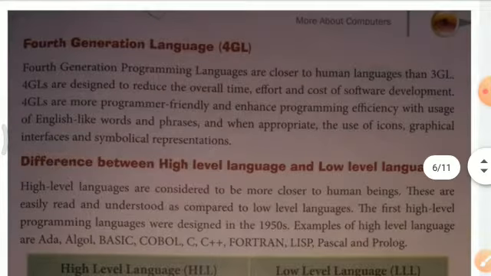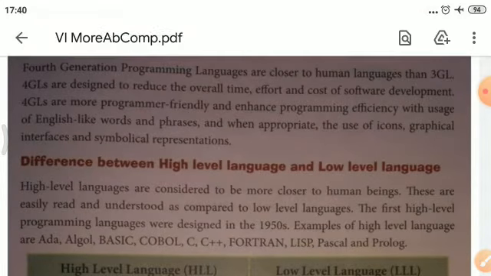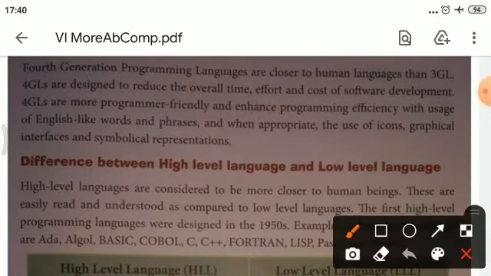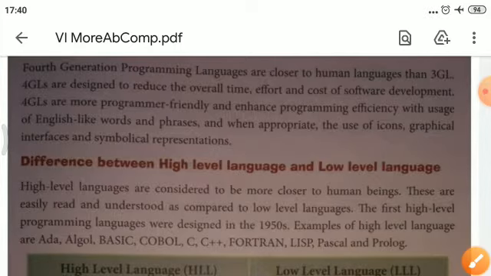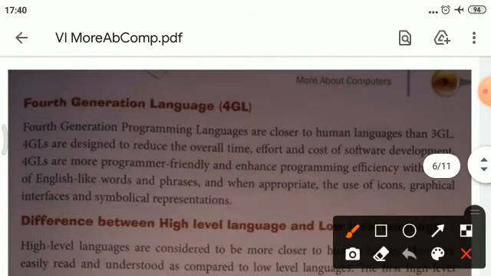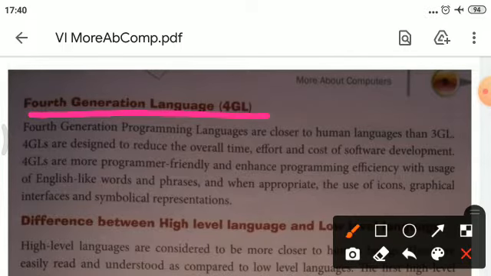And here, fourth generation language. Students, 4GL or fourth generation language. Here students, you should keep in mind one thing: what do you mean by 4GL? That is fourth generation language.